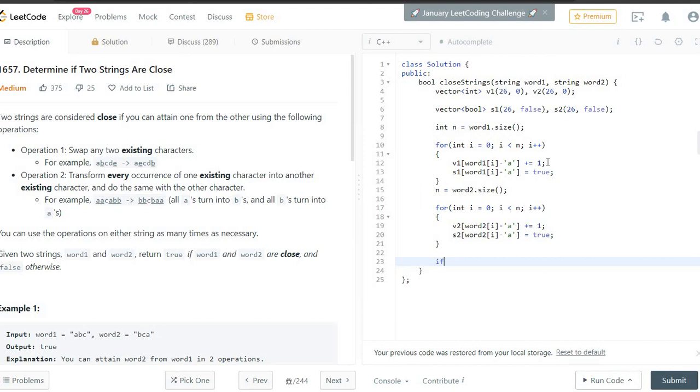So I sort v1 dot begin comma v1 dot end, and similarly I sort v2, oh, here 1 and 2 here. Now I need to return v1 is equals to v2 and s2 must be equal to s1 as well.